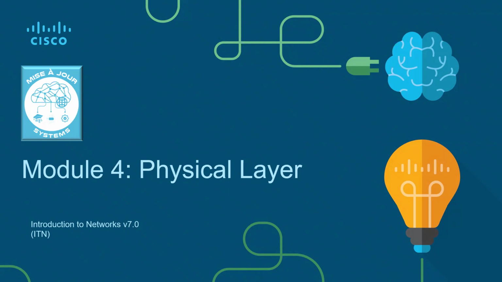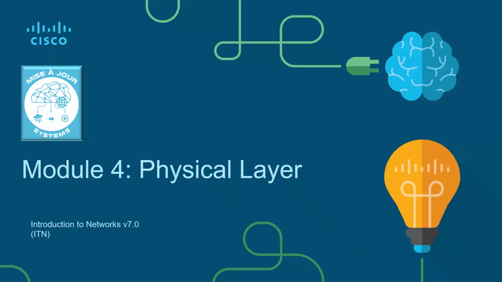Then the frame is changed into a format that is suitable for transmission, depending on the type of medium that we have. If we have optical fiber, the format is changed to light because optical fiber uses light. If we have copper, it is changed to electrical signals. If it is wireless, it is changed to an electromagnetic wave. That change is what we call encoding.